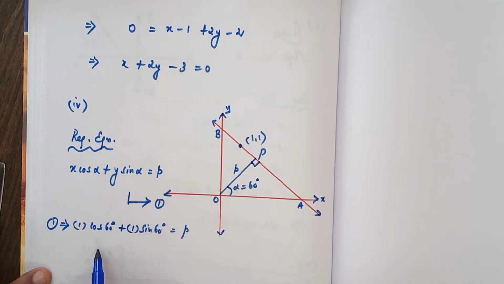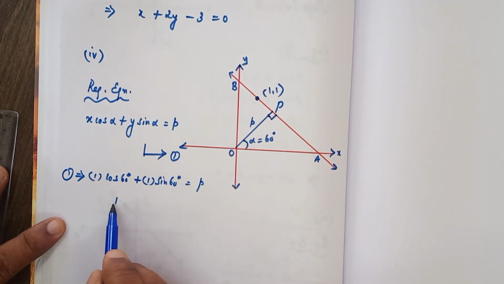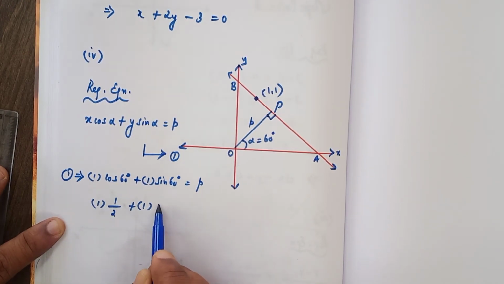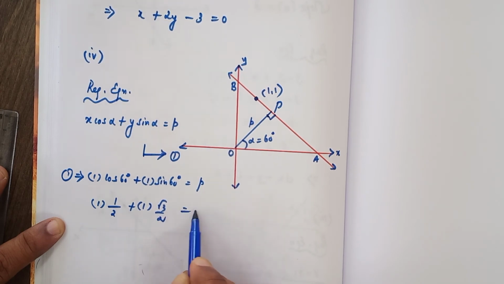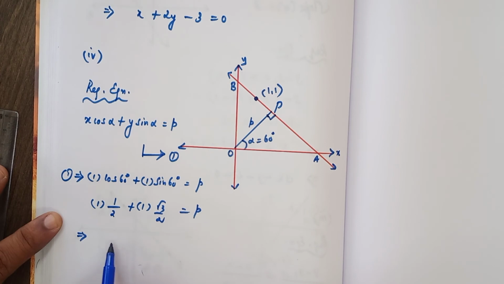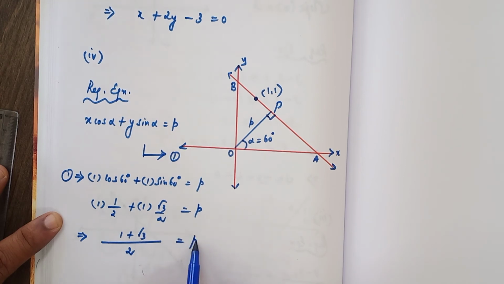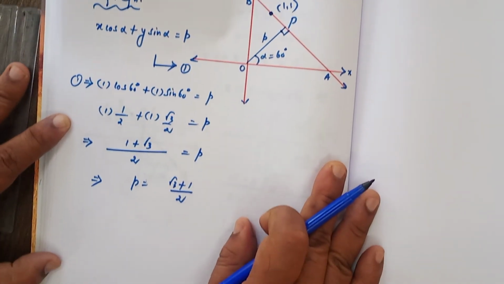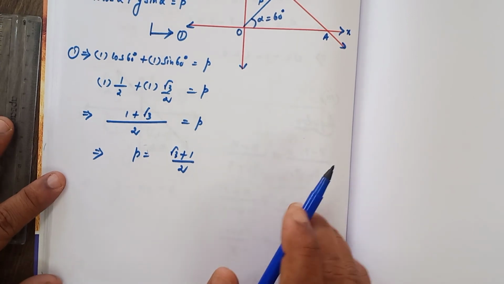Now cos 60 value is 1 by 2. 1 into 1 by 2, again 1 into sin 60 value, which is root 3 by 2, is equal to p. Taking the LCM, that is 2 as the common denominator, 1 plus root 3 in the numerator is equal to p. So p is equal to (root 3 plus 1) by 2. I got the value of p.